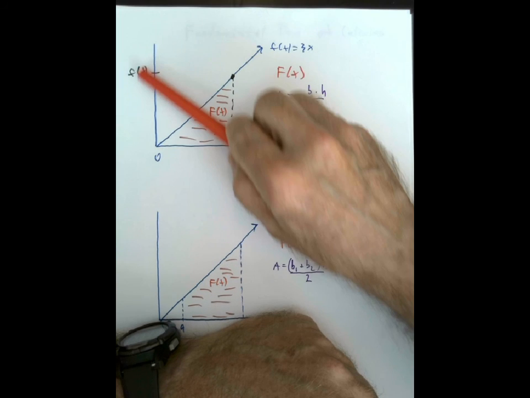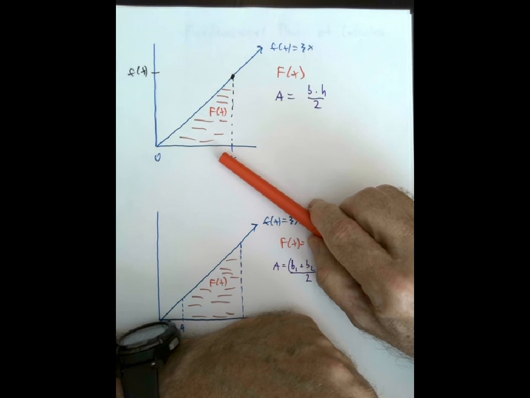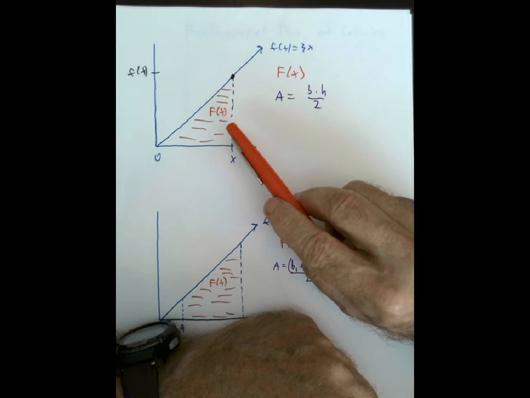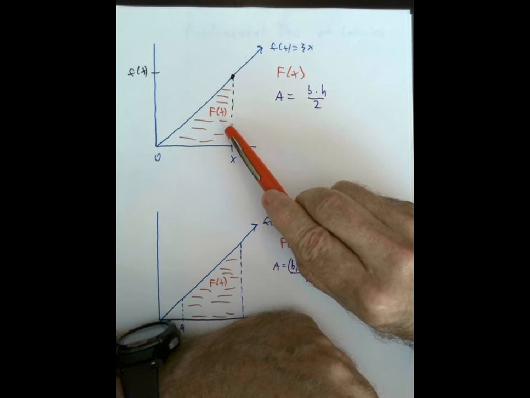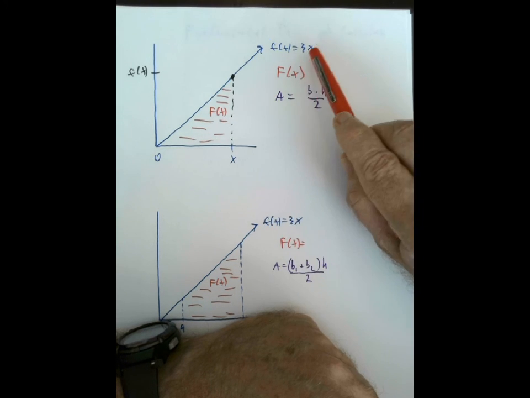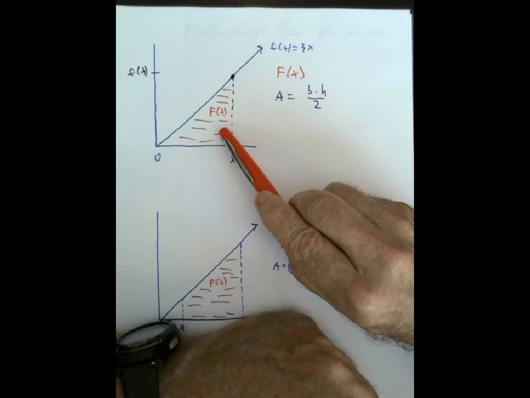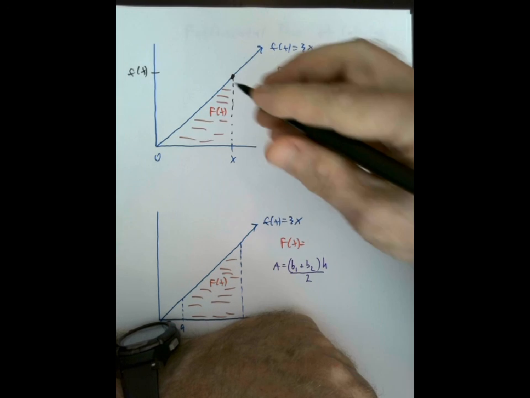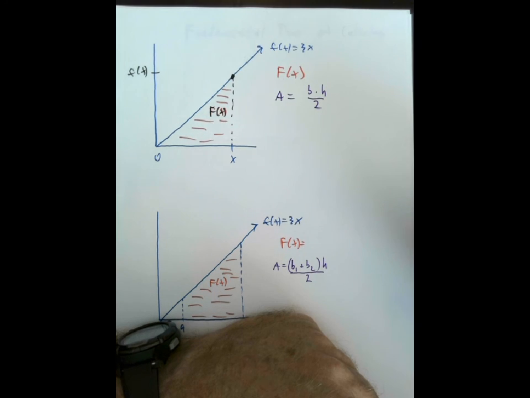Here's f of x over here, which are the y values, and here's x down here, which are the x values. Now we want to calculate what a formula would be for the area under the curve. I'm going to call that capital F of x.